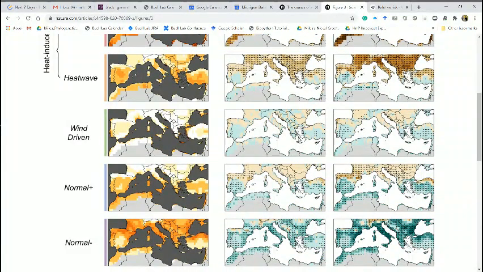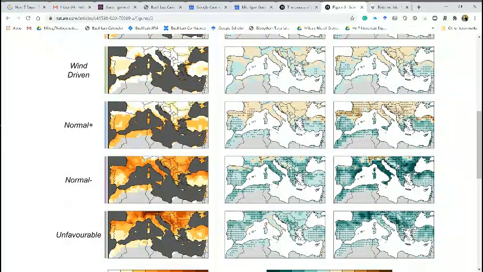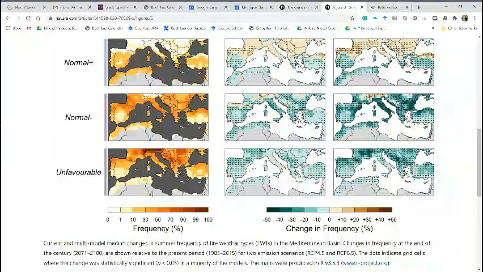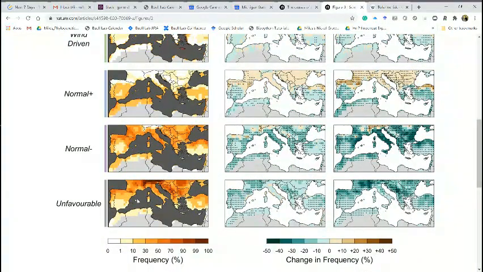Just being totally honest. Looks like wind-driven wildfires aren't becoming more common that much. Maybe slightly more. I don't know what these normal plus and normal minus types are. And then there are large drops in unfavorable wildfire conditions, which is not good, at least in these northern parts of the Mediterranean basin.